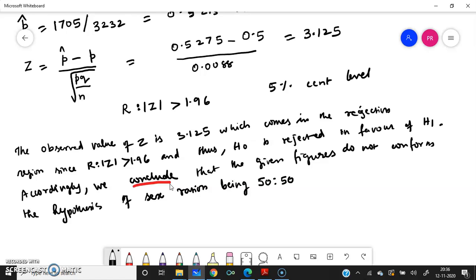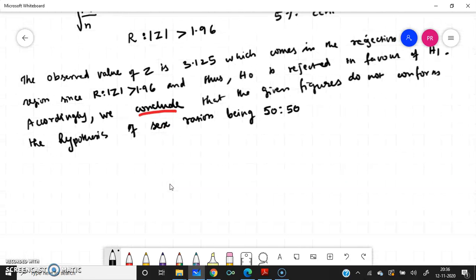So it is not 50% boys and 50% girls. The number of boys may be more than girls, or the number of boys may be less than girls, because we talked about the two-tailed test. In the two-tailed test, it may be greater than or lesser than.